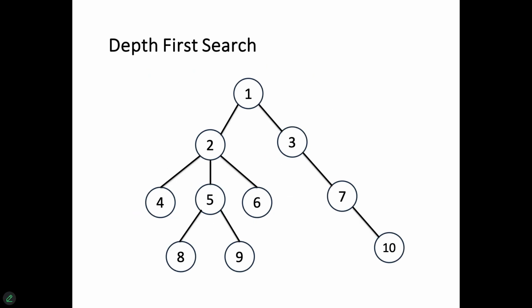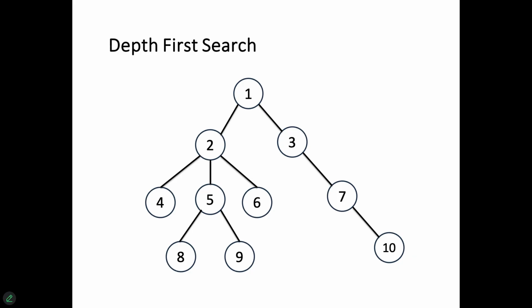Now, let's say we have again the same tree and we want to explore it with the depth first search, okay? So what did I say? I said there are two things you have to keep track of. First, instead of a queue, now you have a stack. So you put all these nodes that you have in your stack.